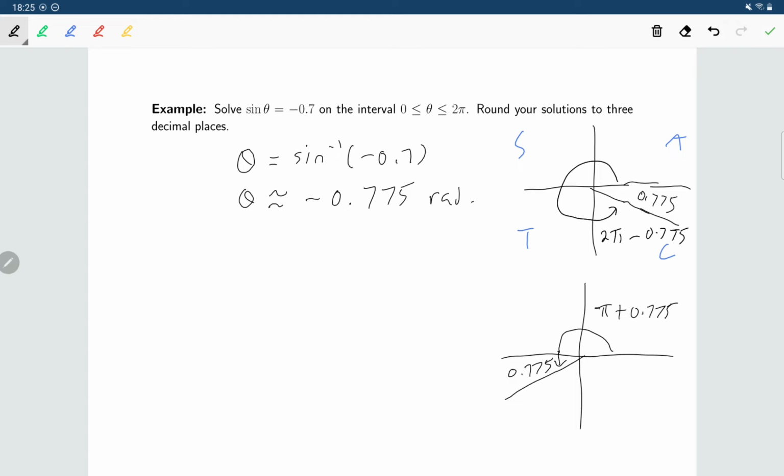And when I'm finding the exact or the approximate values for things, and I'm putting these through my calculator, the pi in this case is the same pi that we're talking about when we were finding areas of circles. So my two solutions then that I find, one of them is 2 times pi minus 0.775, which is about 5.508.